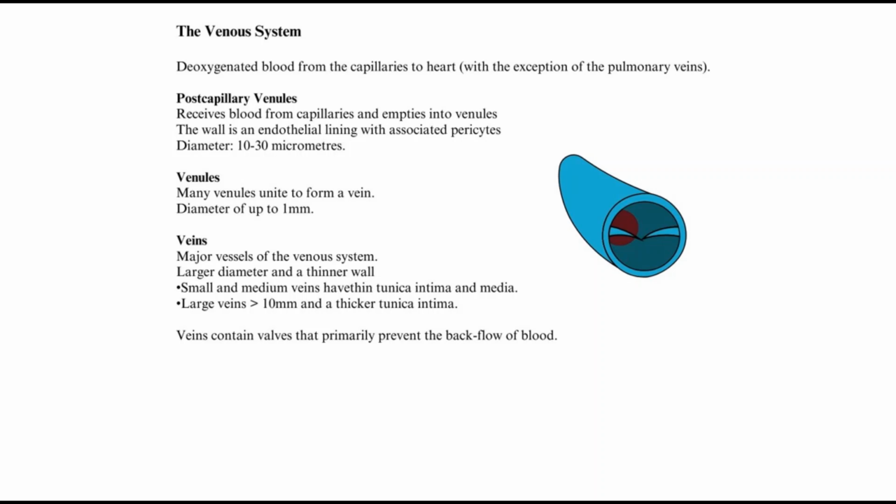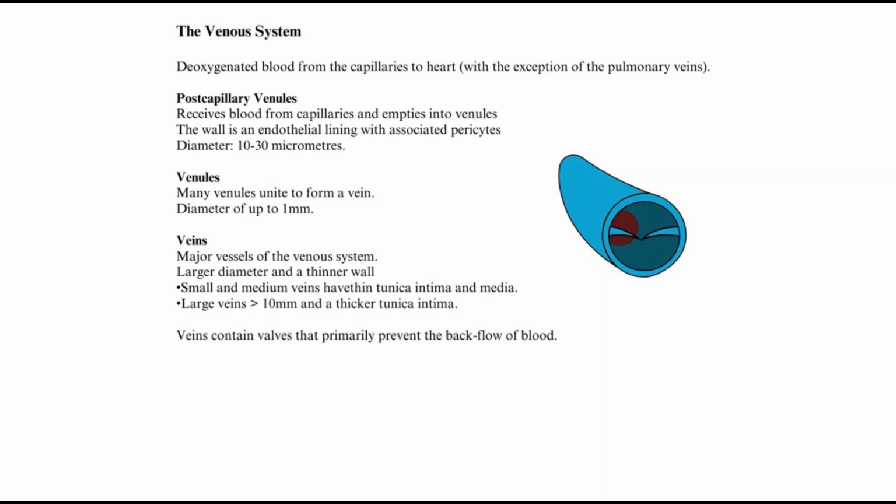Small and medium veins have thin tunica intima and media. Large veins have diameters greater than 10 mm and have a thicker tunica intima. The media has circular smooth muscle, which is usually not prominent except for the superficial veins of the legs. Veins contain valves that prevent the backflow of blood.